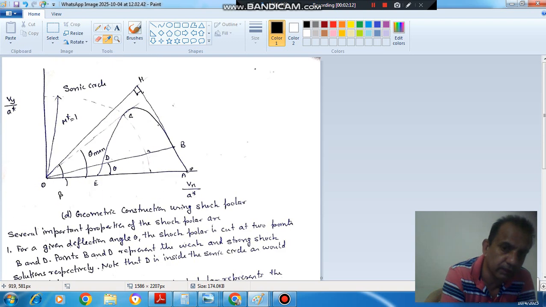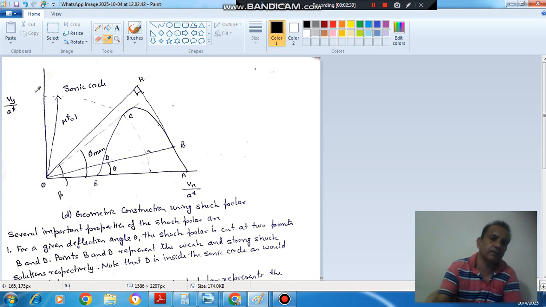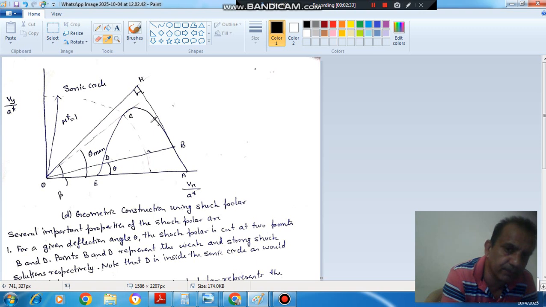Here OA is your V1 by A star or Vx1 by A star, and OB is your V2 by A star. Now the x-axis is Vx by A star and the y-axis is Vy by A star. For different angles, in the same way we can get a shock polar in non-dimensionalized terms.